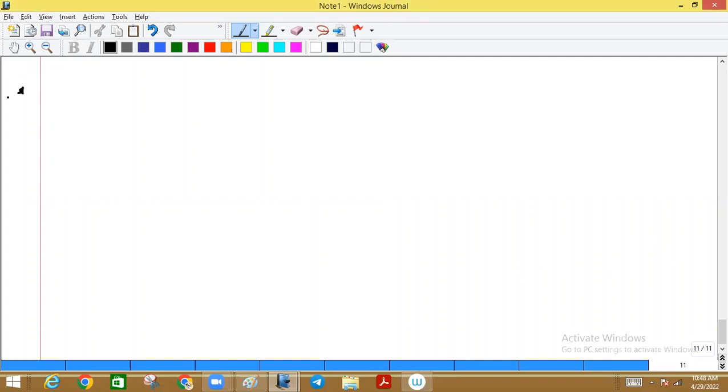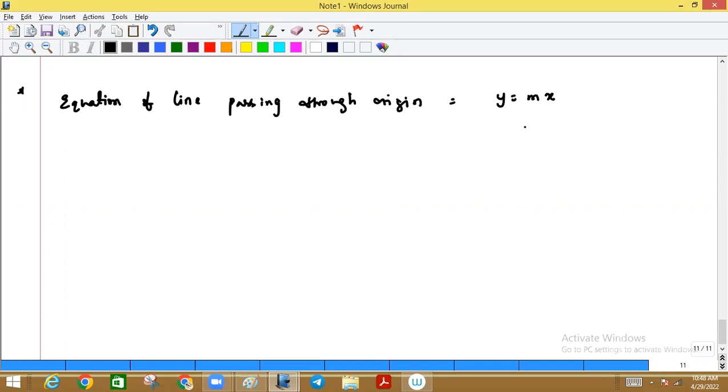Equation of a line passing through the origin is: you can have a line like y is equal to mx, or else you can say ax plus by is equal to 0.